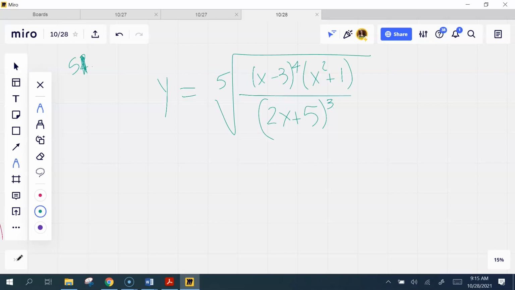Put this whole thing to the 1/5 and let's natural log both sides as is.